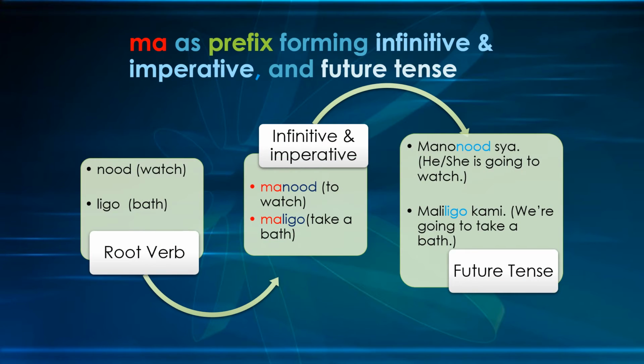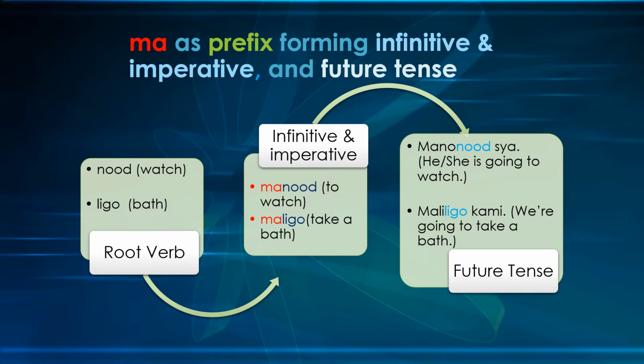Since we are done applying ma to a noun, let's have now the verb. If ma is put before the verb, we will have the chance to form an infinitive and imperative, and we can apply it in a future tense.